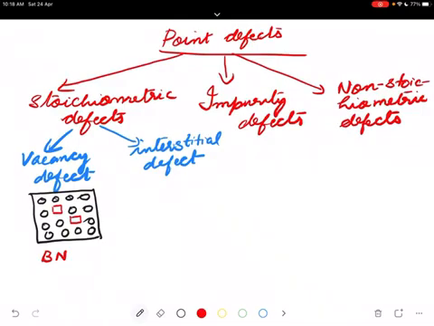Now, this is the case of neutral things. If the constituent particles are made up of ions, then what happens? In the case of ionic solid, I'm showing an ionic solid.